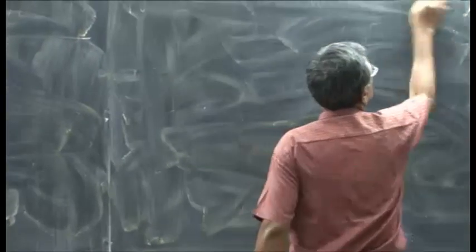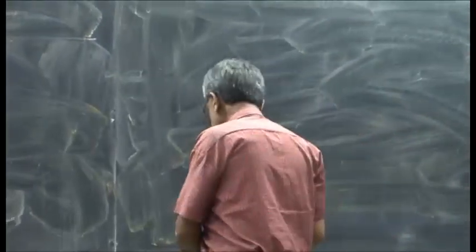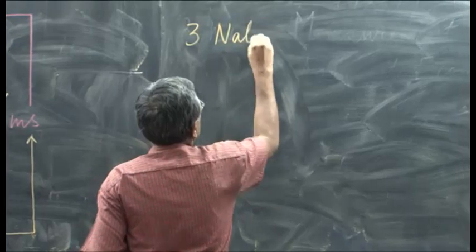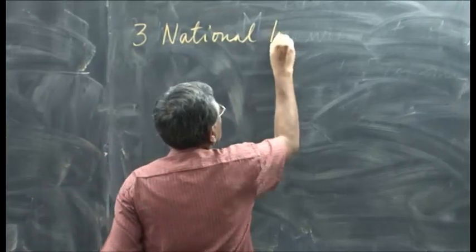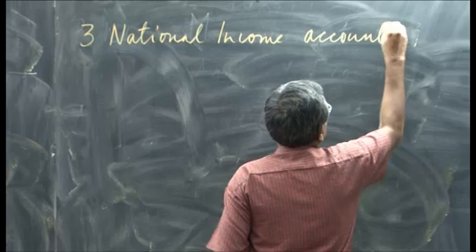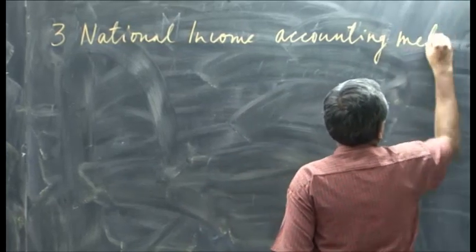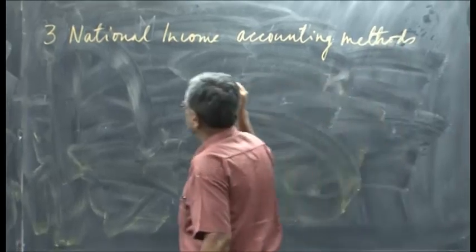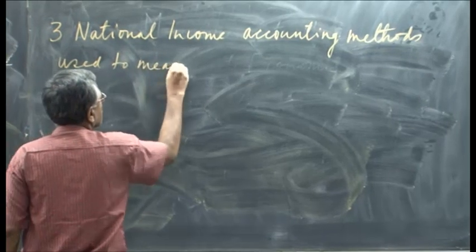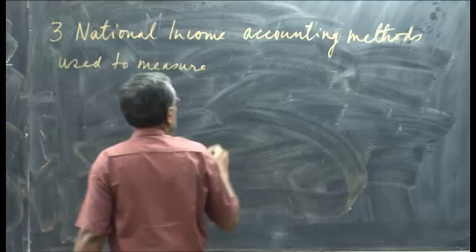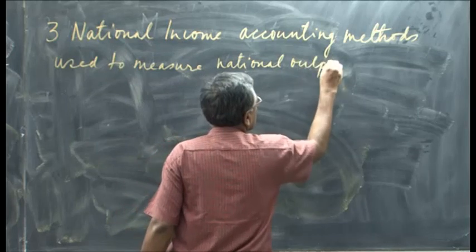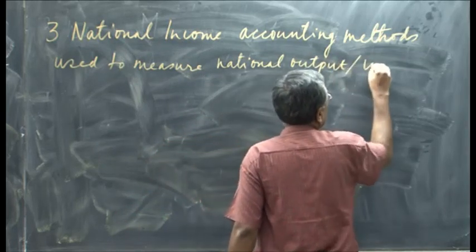So when we go into the measurement of variables, there are 3 national income accounting methods used to measure national output or income.